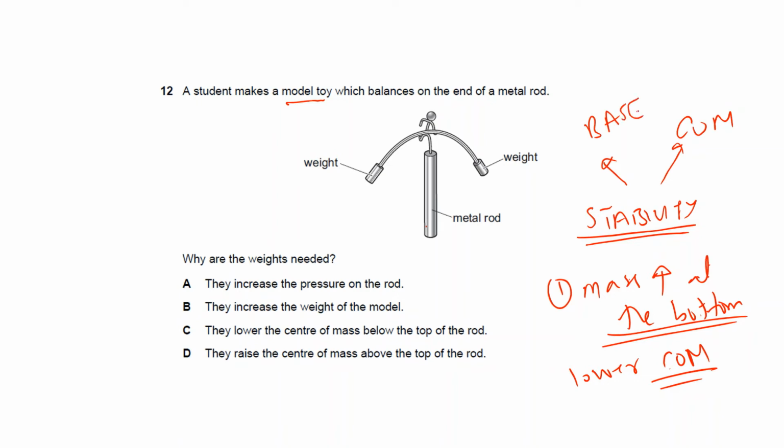So the greater the base area, the greater will be the stability. In this case, he's actually adding weight somewhere in the middle. So he's actually lowering the center of mass below the top of the rod. Otherwise, it would have been somewhere at the top. So a student makes a model toy which balances on the end of a metal rod, and what this does is it basically makes it more stable.